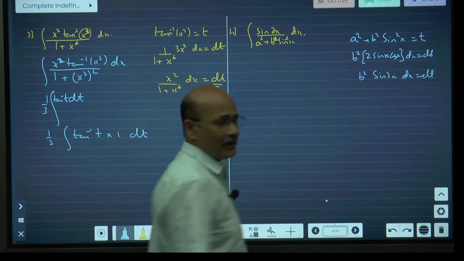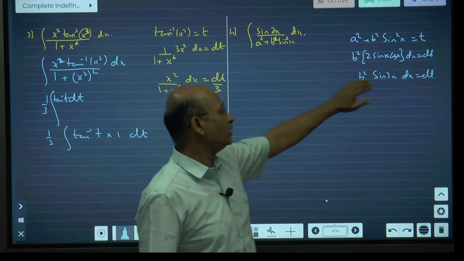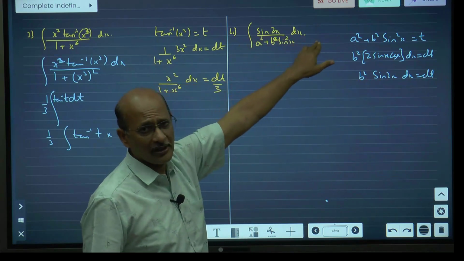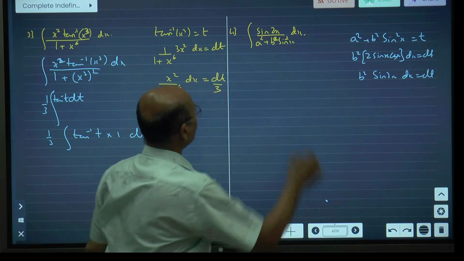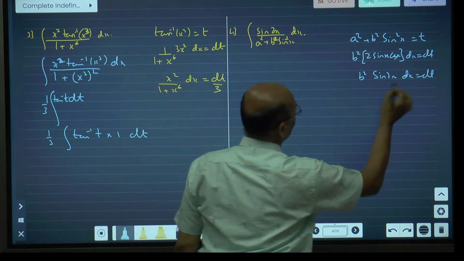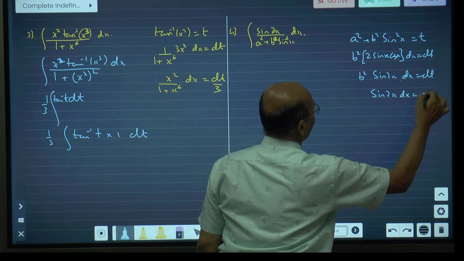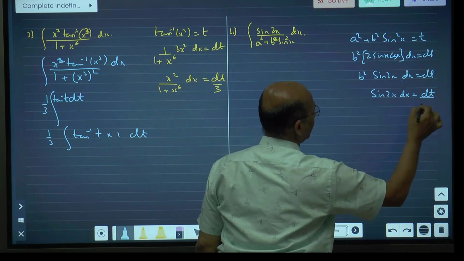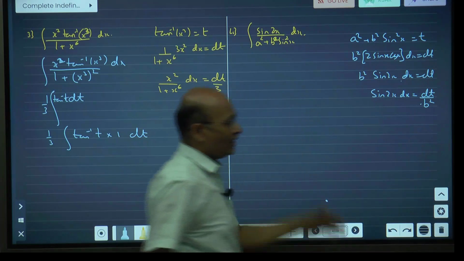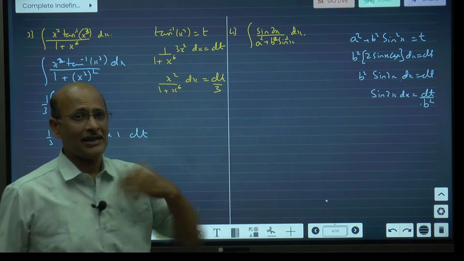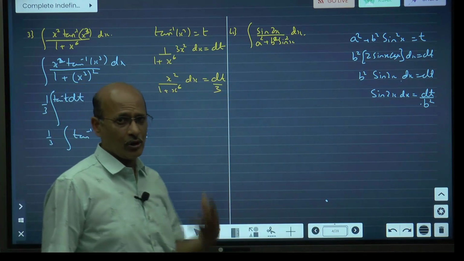Now you have to be very careful that whenever you are doing the substitution, it should replace something in the numerator. So sin 2x dx, now look at this sin 2x dx. I can make it look simpler by writing sin 2x dx as dt upon b square, because b square I can always shift, as I am considering it as a number or a coefficient.